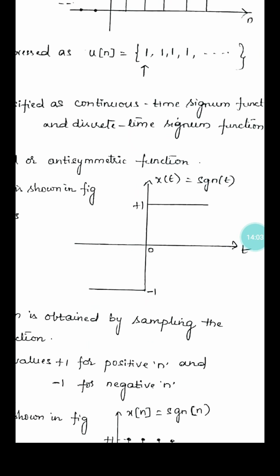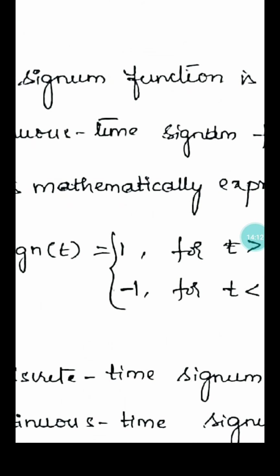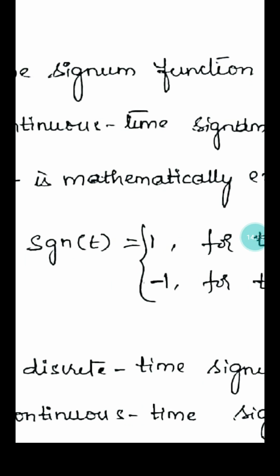Now, how can we write the mathematical equation? The Signum Function can be denoted by sign of t or sgn of t.